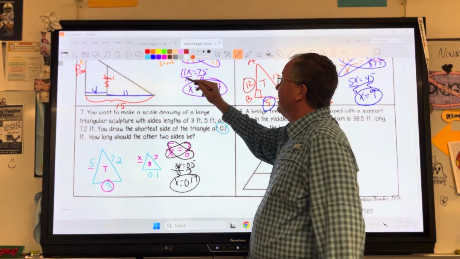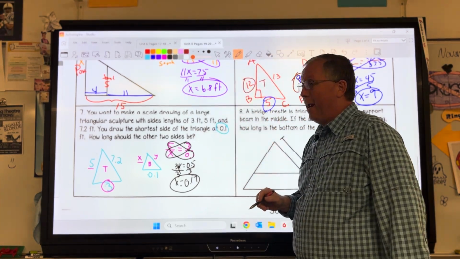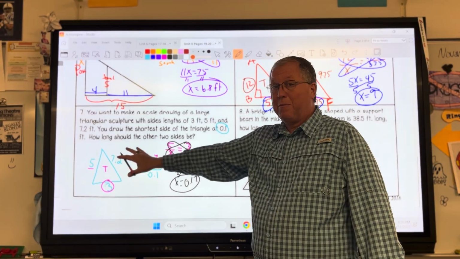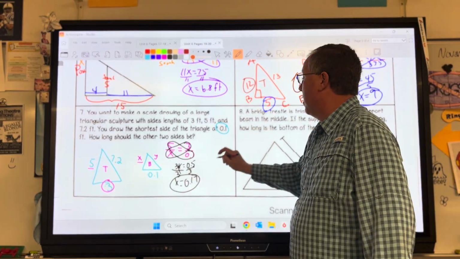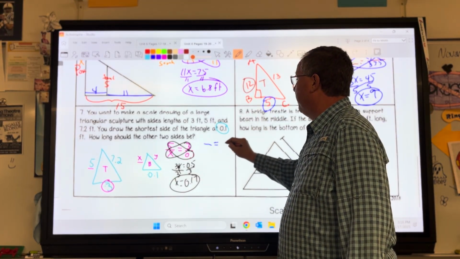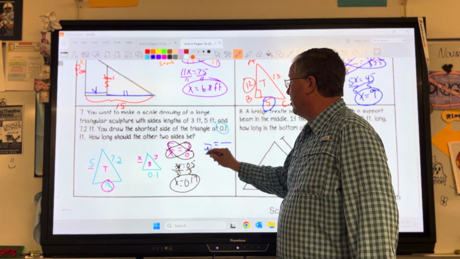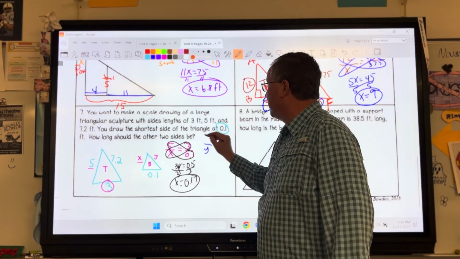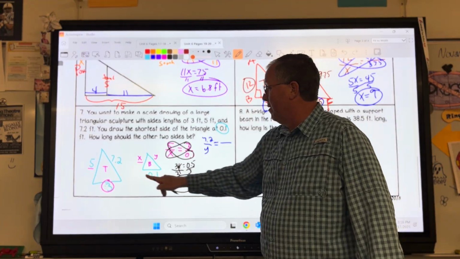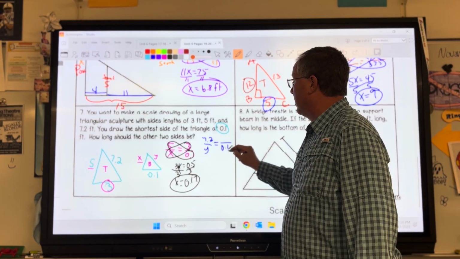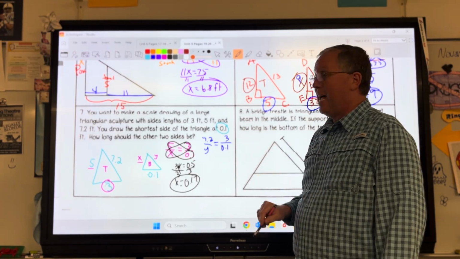I now am going to do the exact same thing with y. Here's a little hint: I don't want to use this number, so I'm going to leave it alone. I'm going to stick with the numbers they actually gave me to start off with. So I set up my second proportion. This time I want y. Y goes on the bottom. Y pairs up with 7.2. I'm going to use that same one that I had both numbers for again, so the 0.1 goes on the bottom and the 3 goes on top.